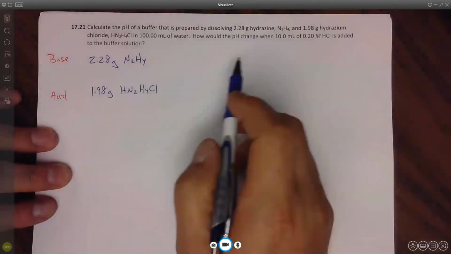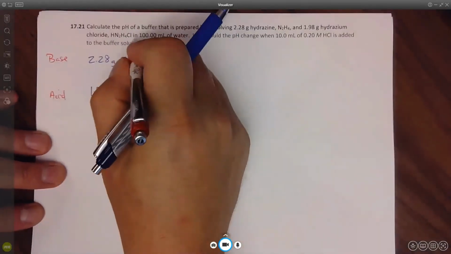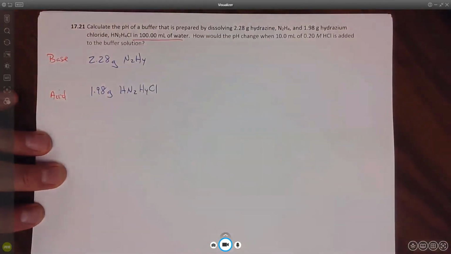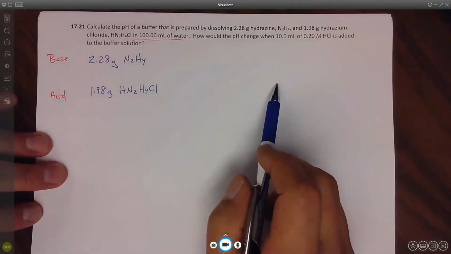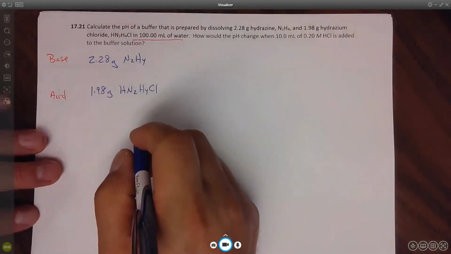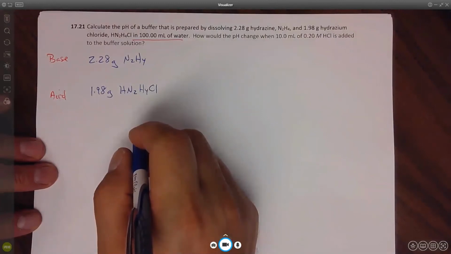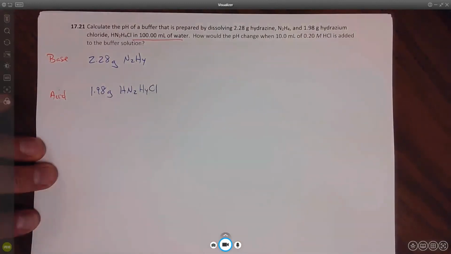In 100 milliliters of water, so that's going to be important. We'll answer the second part of this next, but let's first calculate the pH of this buffer. If it's a buffer, the first thing that should come to your mind is what? I'm trying to develop your thought process when you're solving these types of problems.